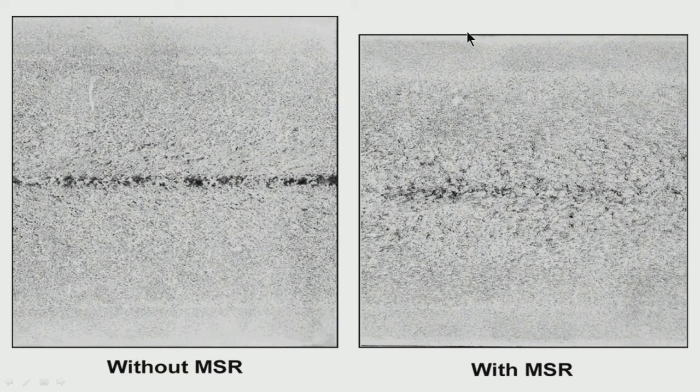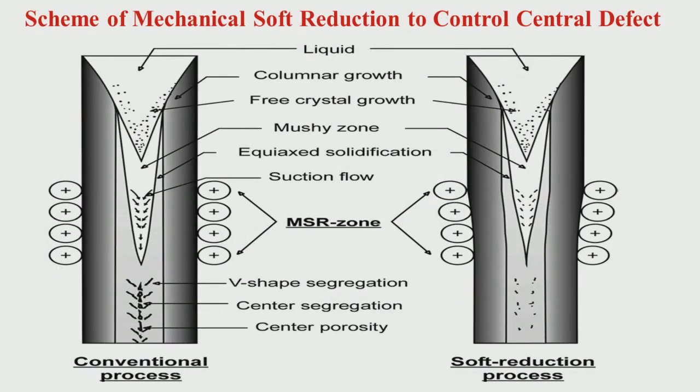Why is this so? Because, as I have mentioned, if this is the normal thickness, by putting mechanical soft reduction you are slightly reducing the area where final solidification is taking place. So the final thickness is slightly less compared to what would have been the normal final thickness.